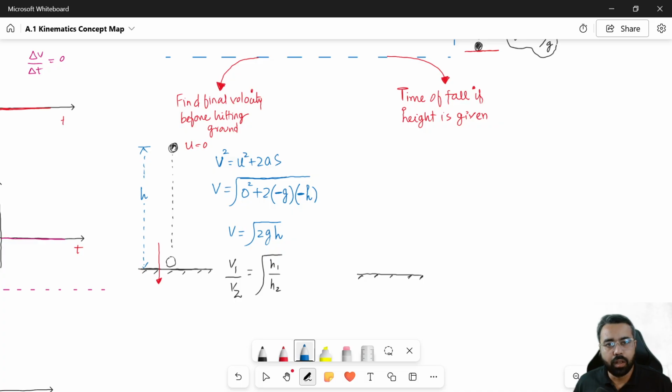Okay students, now the next special case is if you drop the ball from the height h, how you can find out the time of the journey of the ball. Now this is different from case number one, in which we had calculated the time to reach maximum height.